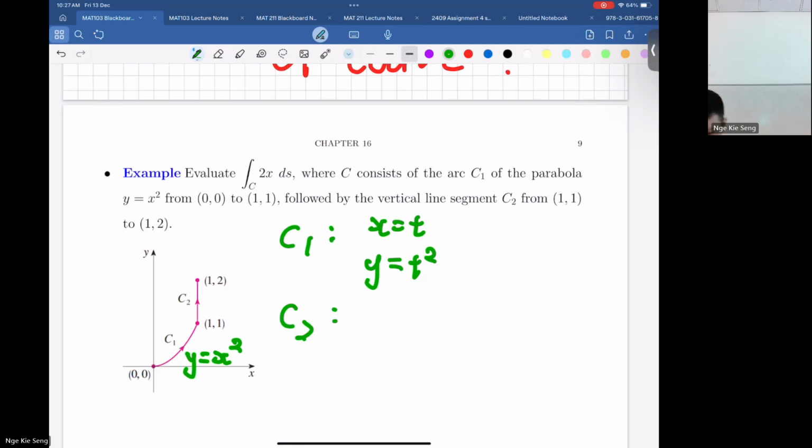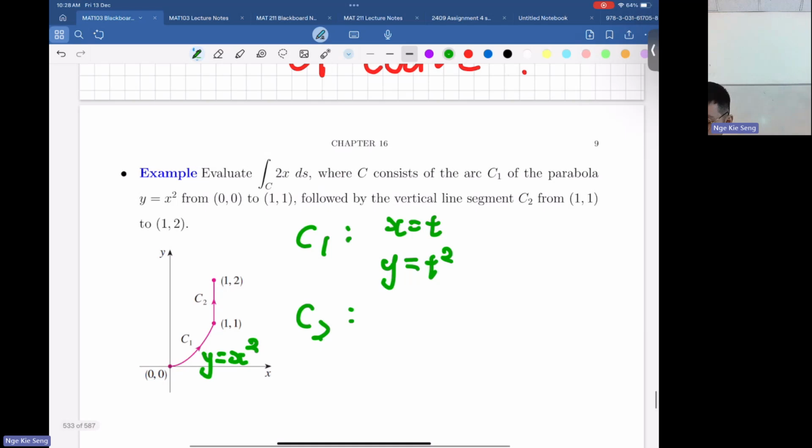What should we take for the domain of t, the range for t? You should take 0 to 1, because if you plug in t equals 0, you get the point (0, 0), and if t equals 1, you get the other endpoint, (1, 1).